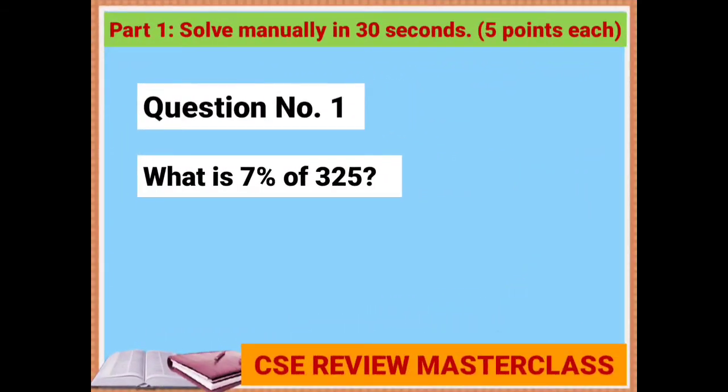For question number 1, what is 7% of 325?